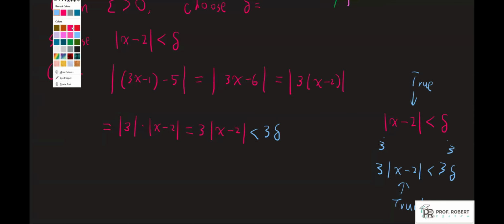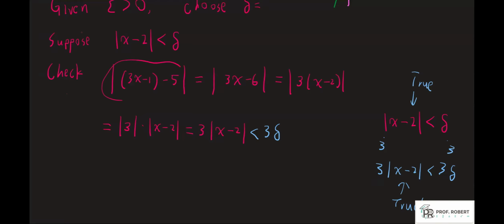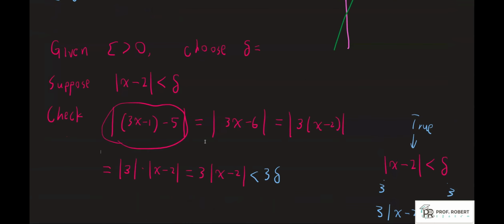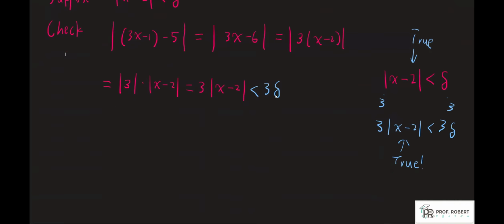And of course, remember that our goal earlier is that we want to show that the distance between my y value and 5 is less than epsilon. So at the end of the day, I want this 3 delta to be somehow related to epsilon.